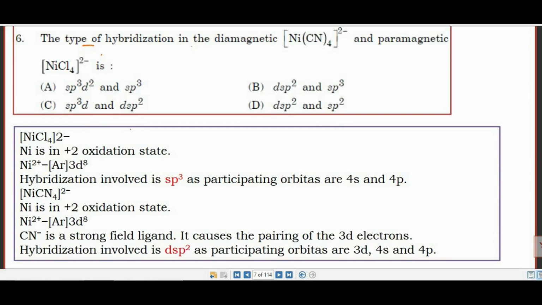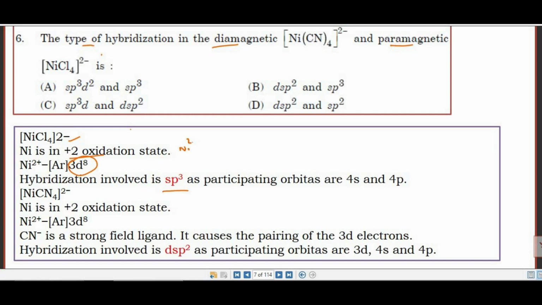The type of hybridization in diamagnetic [Ni(CN)4]2- and the paramagnetic complex [NiCl4]2-. What is the hybridization you have to detect? NiCl4 is a paramagnetic complex, with Ni2+ oxidation state, it's a d8 configuration. Hybridization involved is sp3.